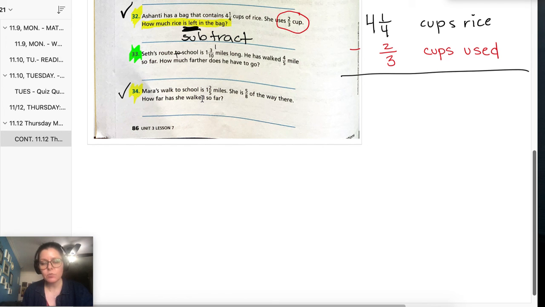Now, in order to subtract, I need a common denominator. I don't have that yet. So for step number 1, I need to find a common denominator.